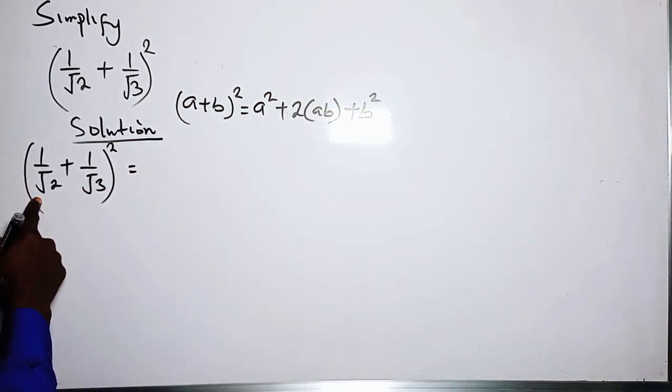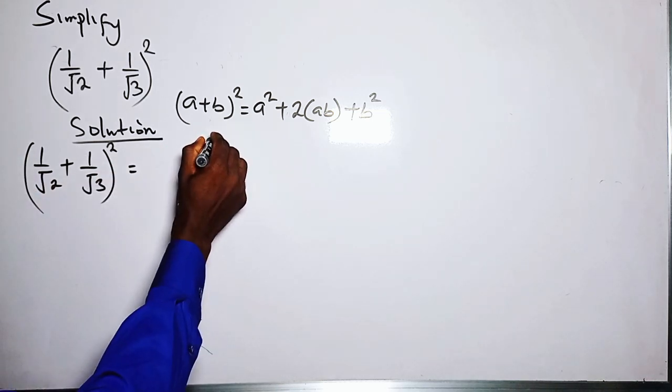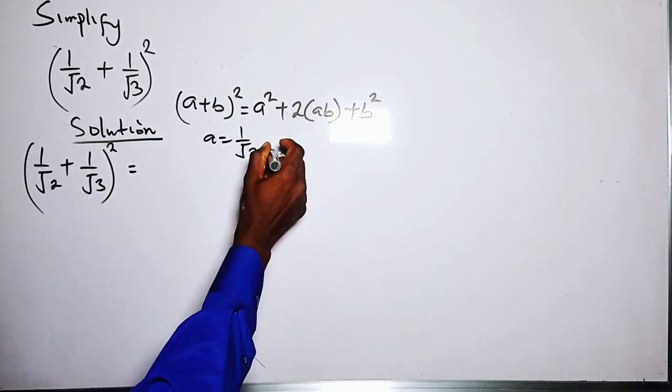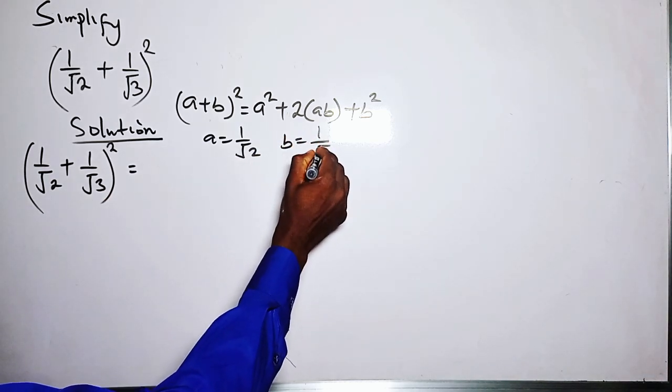So let us apply this. For the first one, 1 over root 2 represents a, and 1 over root 3 represents b.